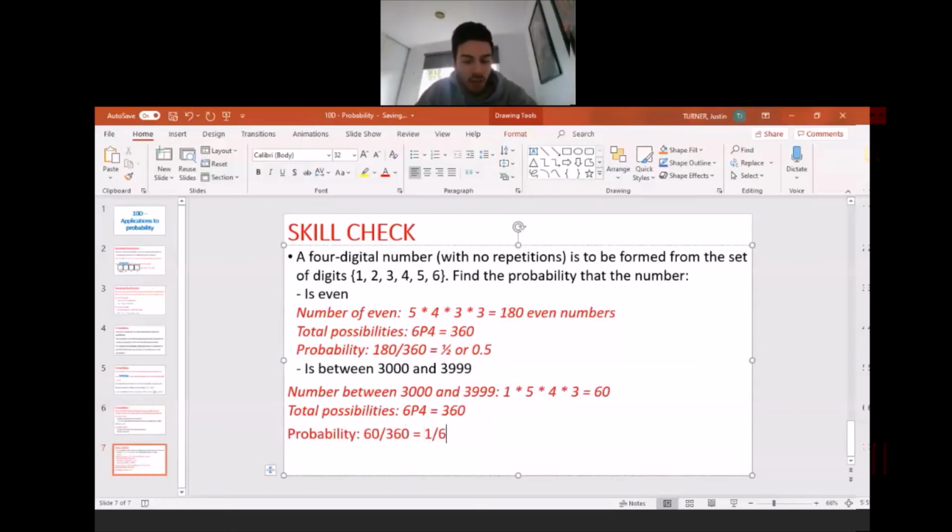Again, that makes sense because we've got 6 different options, and our restriction meant you had to select only one of them for that first digit. So 1/6 of the total possible numbers you can make start with a 3. Again, that kind of makes sense to us.